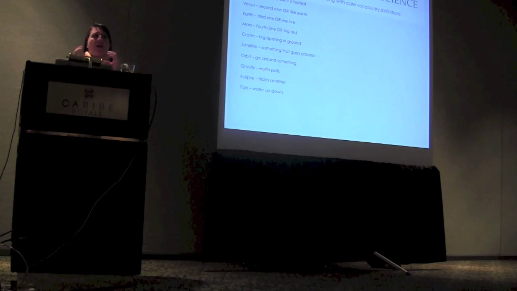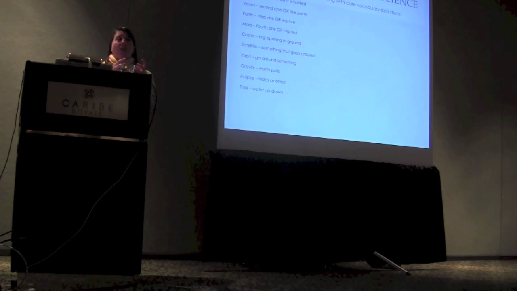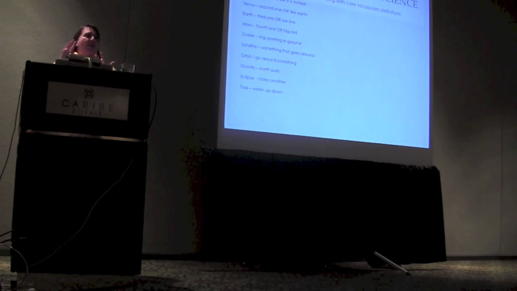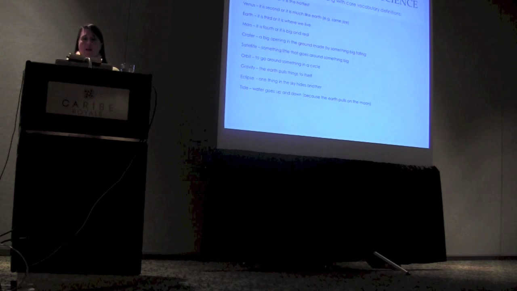Okay? Ground is not on that 350 to 450 word list of core vocabulary, but we use ground a whole lot more frequently than we use crater. And it actually is programmed in the Unity software. It's programmed in Word Power. It's one of those words that's in there. Satellite, something that goes around. So you can just get the feel for how you can describe these terms.